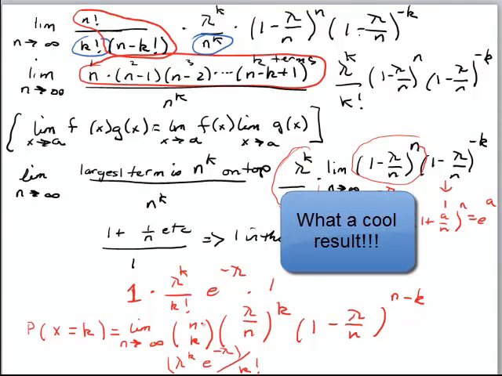So you don't initially see this binomial theorem, but it is indeed buried there.